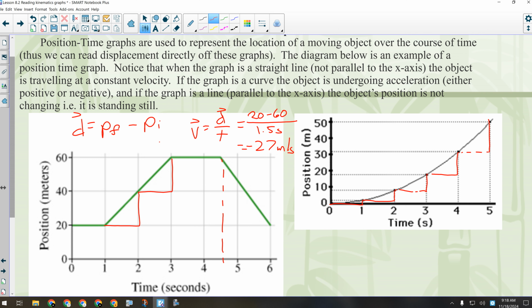And all you have to do is look at what's on the graph and ask yourself, what's happening here? Oh, well, it's going further each second than the second before because this is showing me position. In order for something to go further, it has to go faster. That means it's accelerating. That's the kind of interpretation I want you to do rather than a curve means acceleration. A curve only means acceleration on this graph.